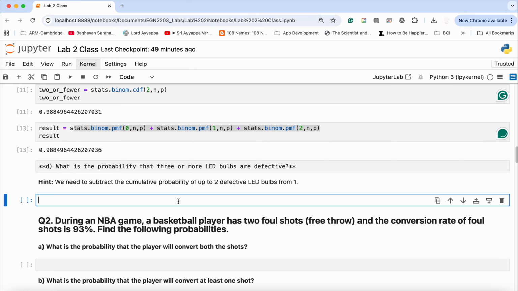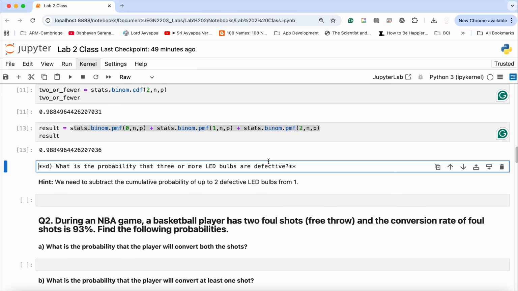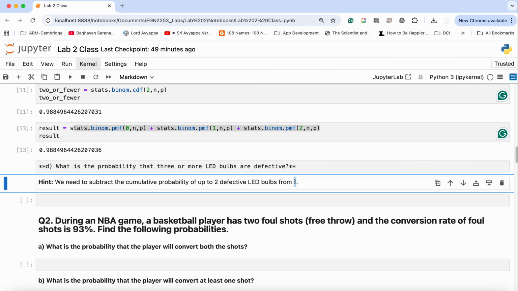The important thing to first understand is the overall or the cumulative probability always adds up to 1. So the probability of 3 or more is equivalent to subtracting from 1 the probability of up to 2. This is the idea you must understand.